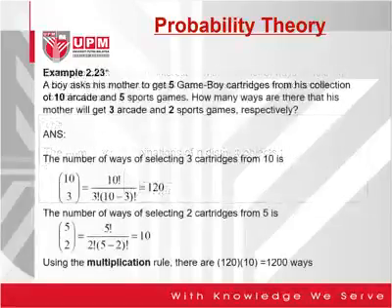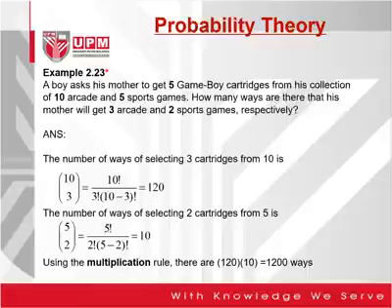Example 2.33. A boy asks his mother to get 5 Game Boy cartridges from his collection of 10 arcade and 5 sport games. How many ways are there for his mother to get 3 arcade and 2 sport games respectively? For the 10 arcade games, you want to get 3, so the answer is nCr: 10 factorial divided by 3 factorial and 7 factorial.